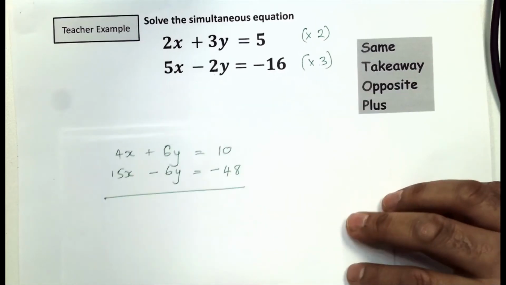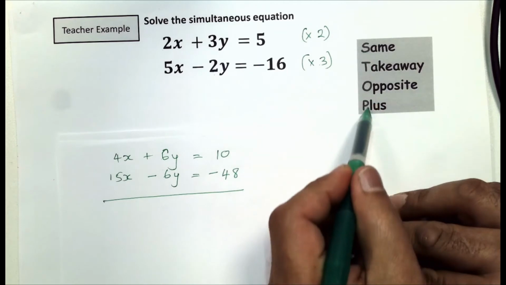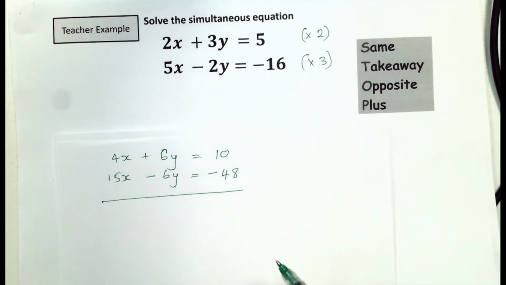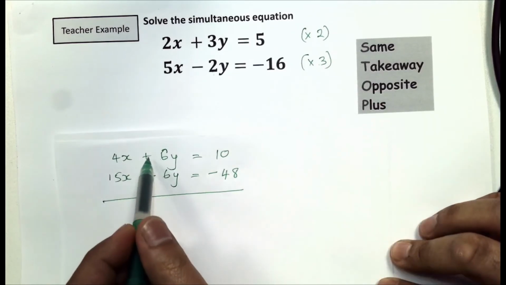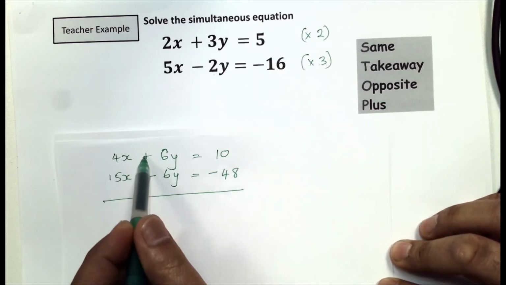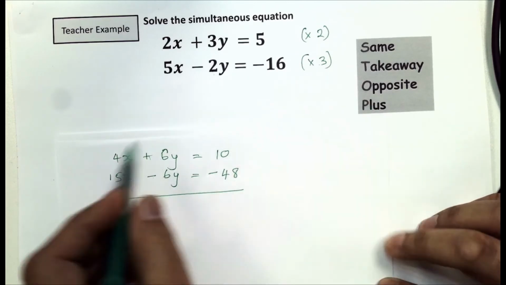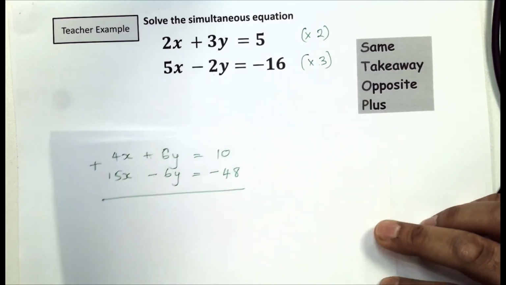The next step, again, I'm going to refer to the STOP method: same, take away, opposite, plus. So look at the signs for the two coefficients that are the same. The signs are different, they're the opposite, so therefore we're going to add the two equations together.